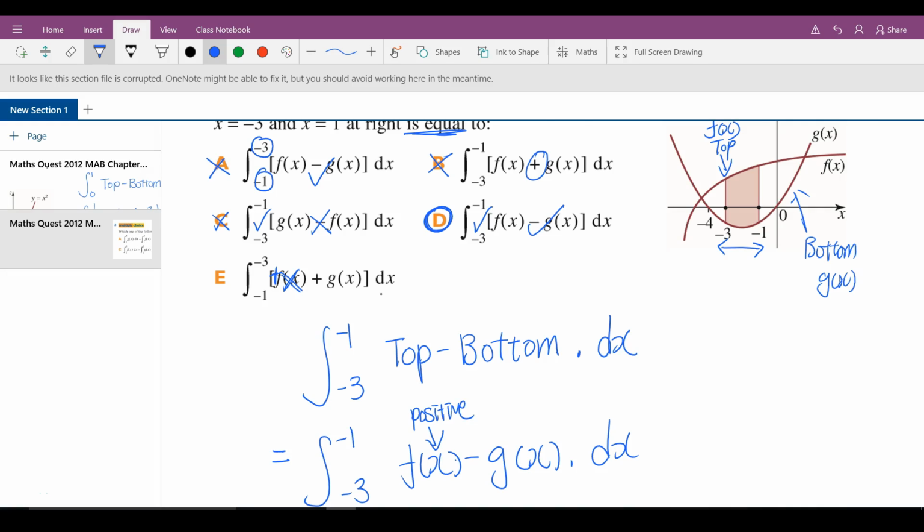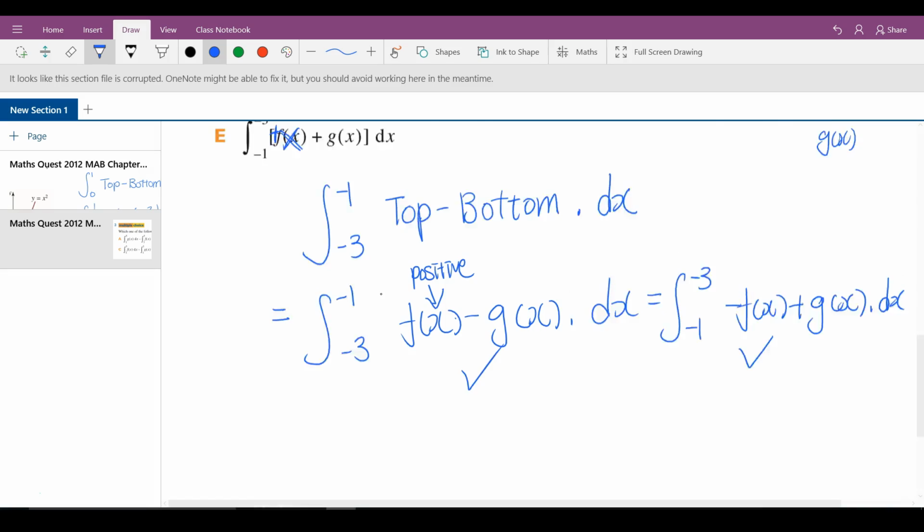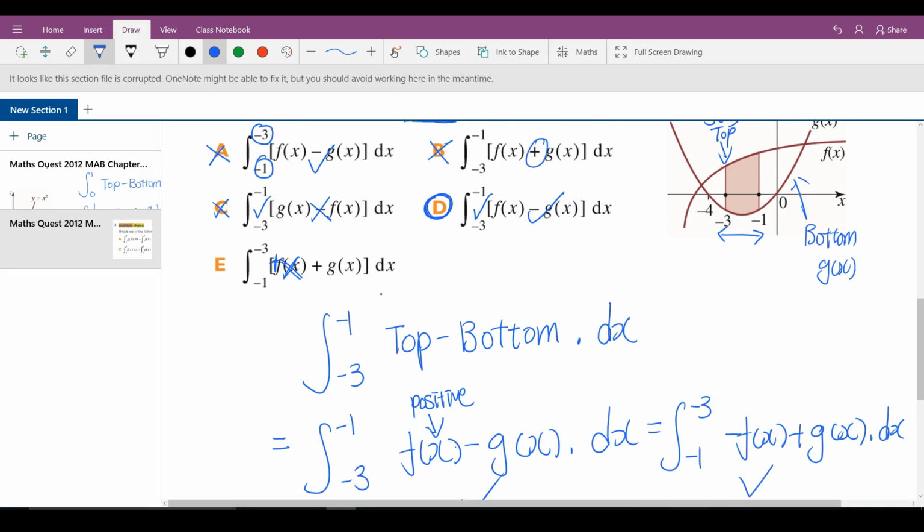So if you write the flipped function, the flipped one would be negative 1 to negative 3, and then negative f of x plus g of x, and then integrate with respect to x. So that would be the correct expression, whereas this one is not. So not E as well.